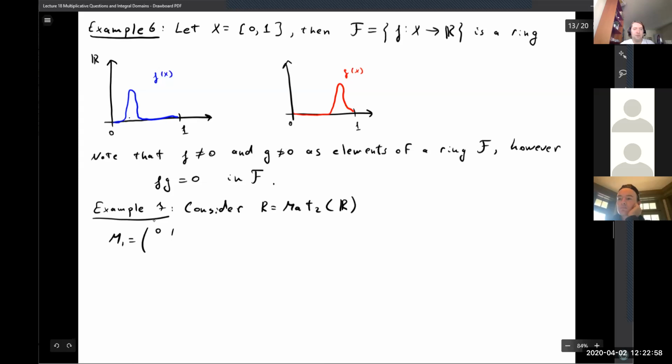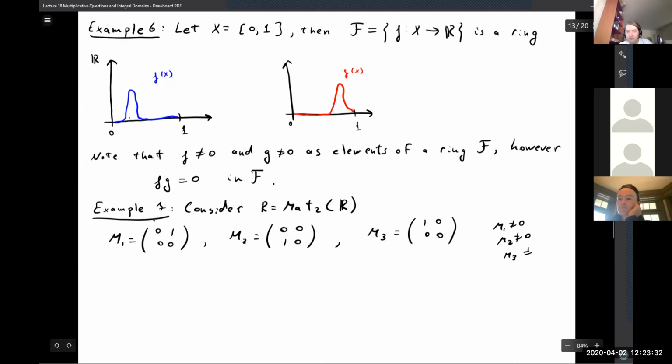The first is the matrix 0, 1, 0, 0. The second is the matrix 0, 0, 1, 0. And the third is the matrix 1, 0, 0, 0. None of them are 0 matrices.